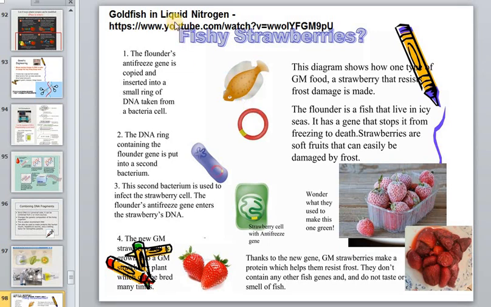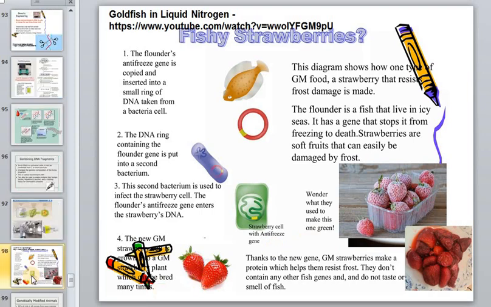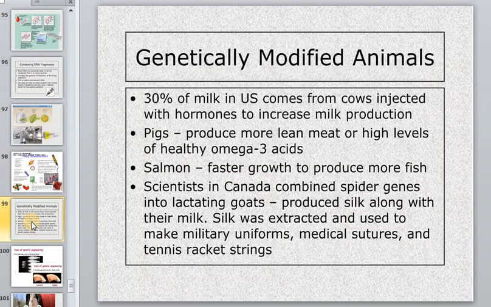Please watch the video Goldfish in Liquid Nitrogen. Many kinds of fish can live after freezing, so this gene was moved into a strawberry, and we have a strawberry which is not damaged by freezing and looks very good afterward.